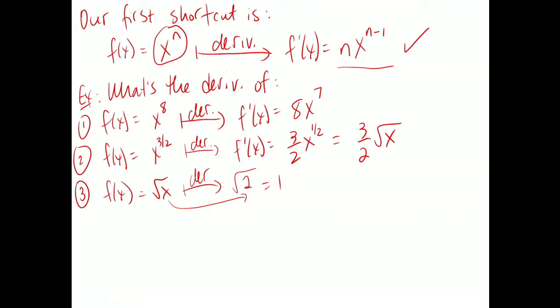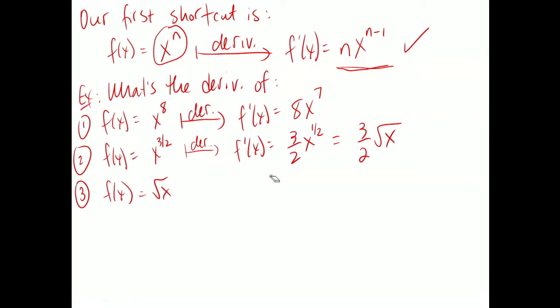We don't have a rule that lets us say what to do when I have the square root of x to some power. The only rule we have right now says if you have x to some power, here's a fast way of getting the answer. Well, I don't have x to some power yet. I have the square root of x. So I can't do that. But wait a minute.